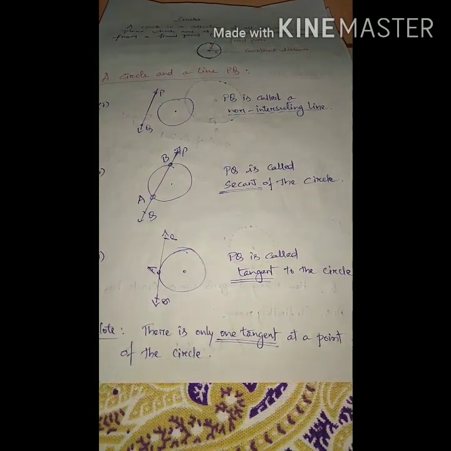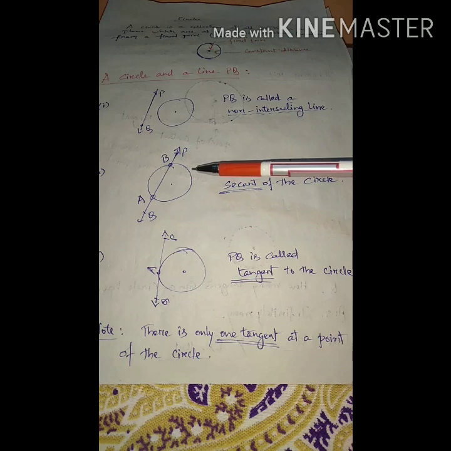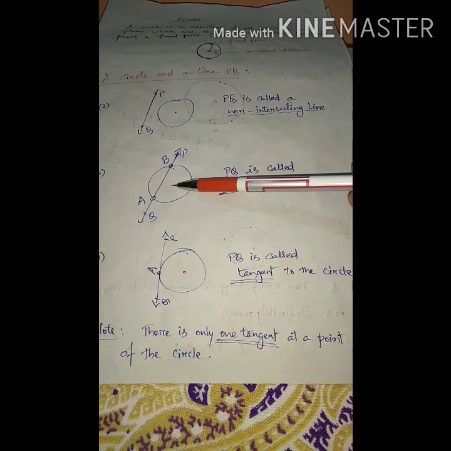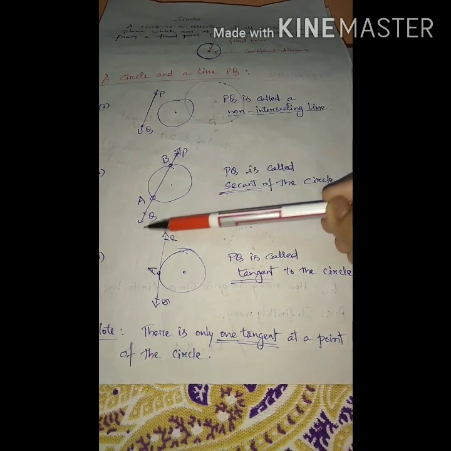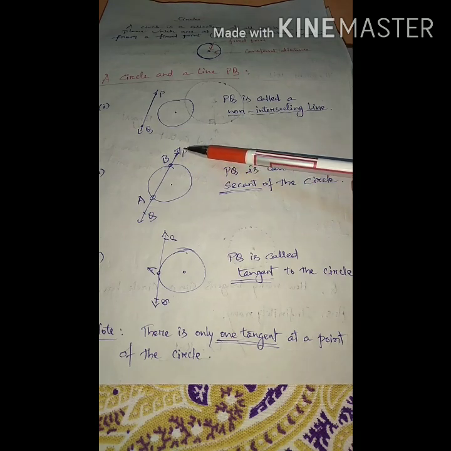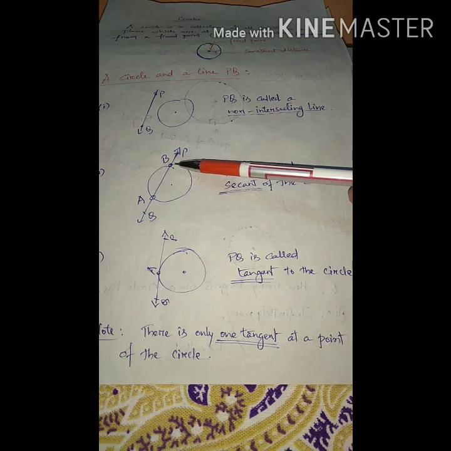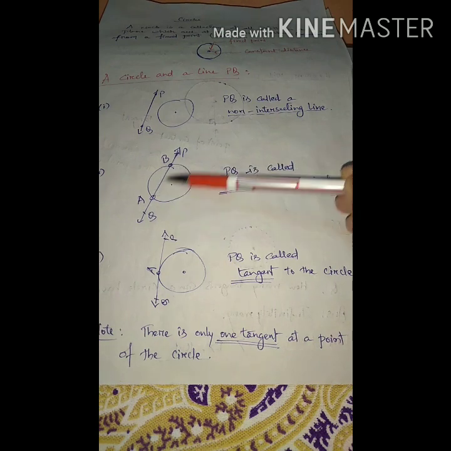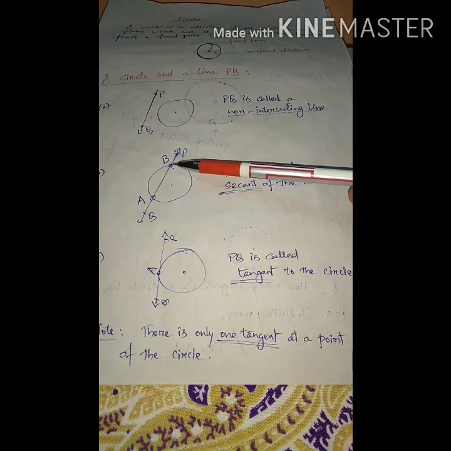In the second one, again we consider a circle with this center, and the line is PQ. When we draw the line here, this line now intersects the circle at two places, as in the figure given.